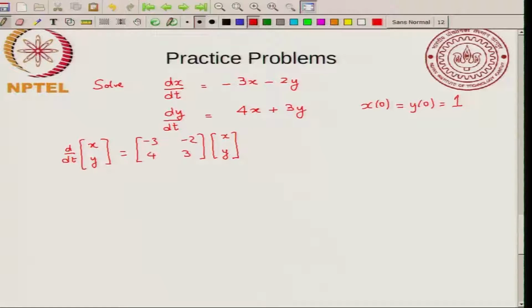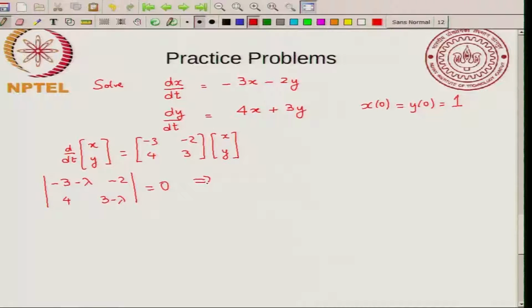So then what I will do is solve for the eigenvalues and eigenvectors of this matrix. To solve for eigenvalues we use the determinant of minus 3 minus lambda, minus 2, 4, 3 minus lambda, and this determinant should be equal to 0.